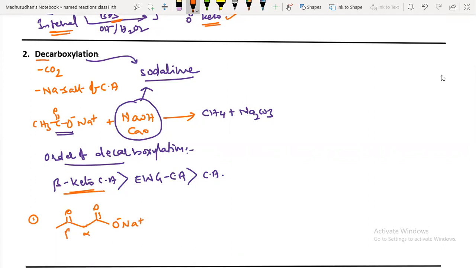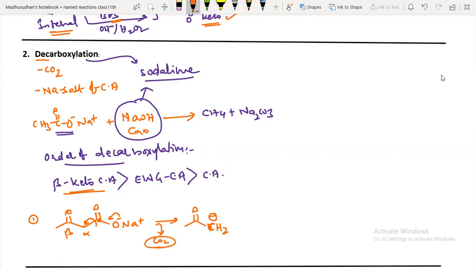This is the alpha position, this is the beta position. The first step happens like this. Here the C-C bond breaks down. Then you are going to get CH2 minus here, and carbon dioxide is gone. CO2, this carbon and 2 oxygens.